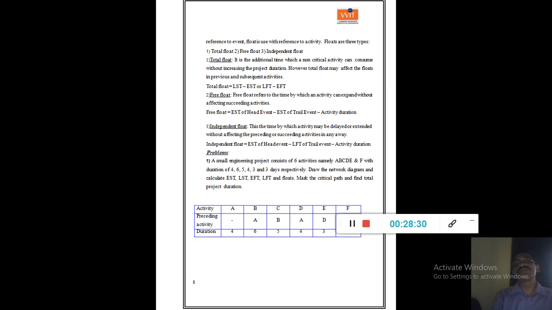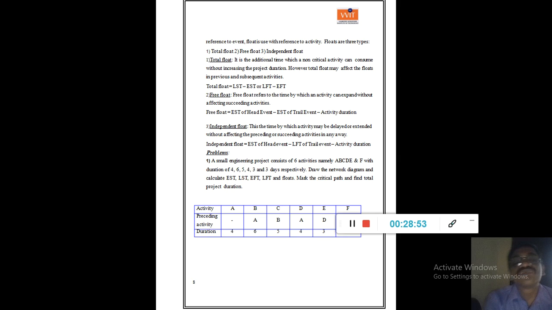And floats are of 3 types. Generally they also ask a question in the short answer questions: what is the significance of float in CPM? Because CPM is an activity based approach, while PERT is an event oriented approach.